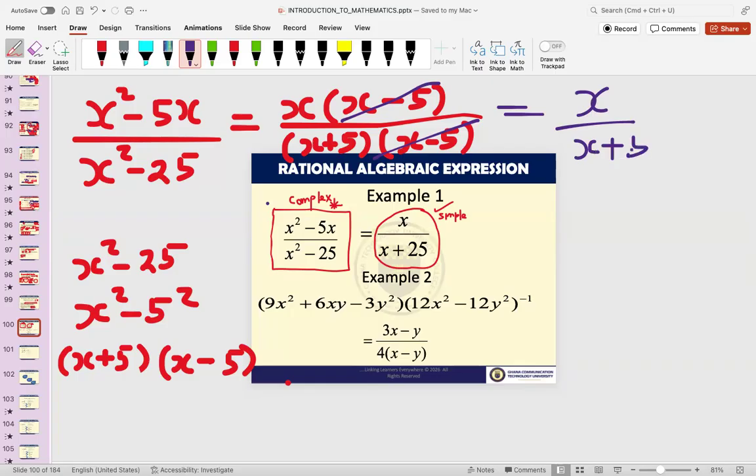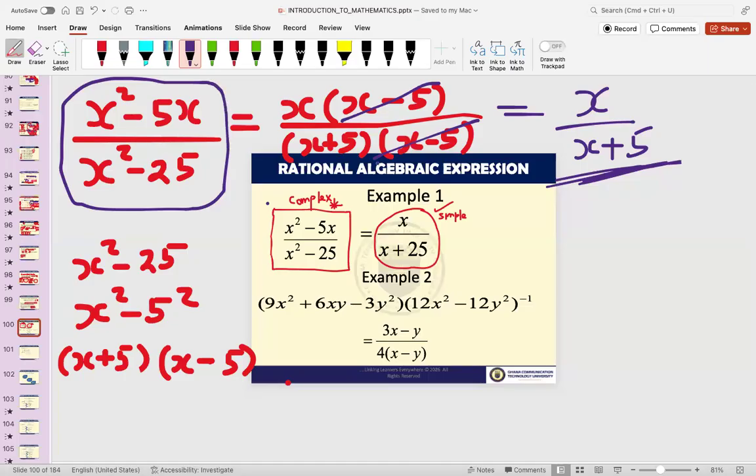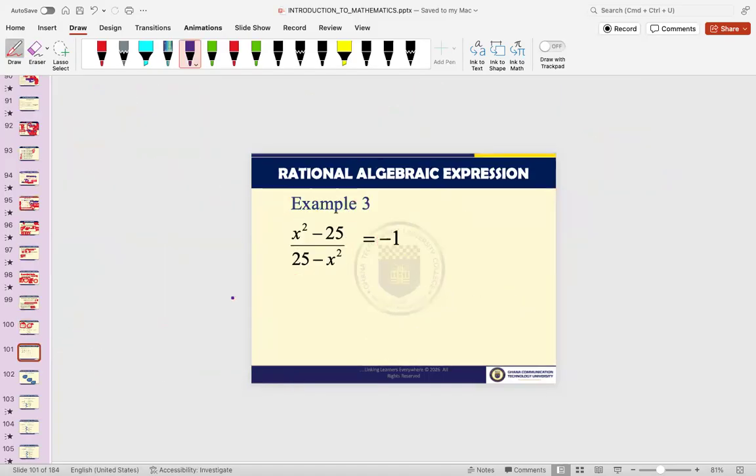It means we've been able to reduce the expression from this complex form of x squared minus 5x divided by x squared minus 25 into a simple form of x divided by x plus 5. And that is what you can do with algebraic expressions, which is rational.